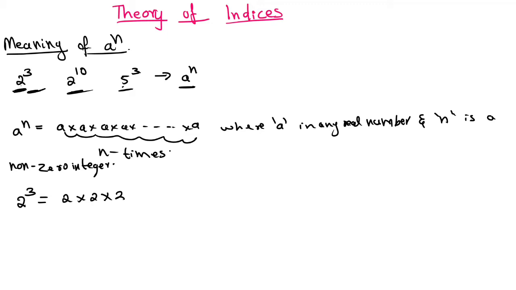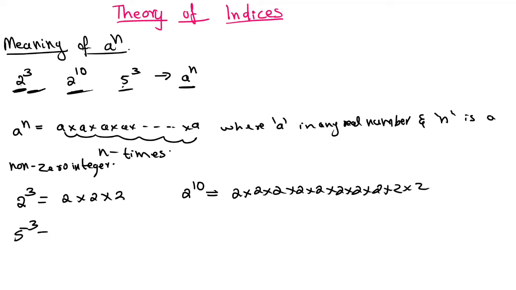Then what is the meaning of 2 to the power 10? 2 to the power 10 means you are multiplying 2, 10 times: 1, 2, 3, 4, 5, 6, 7, 8, 9 and 10 times. Now see, 5 to the power 3 means you are multiplying 5 three times, that is 5 into 5 into 5.